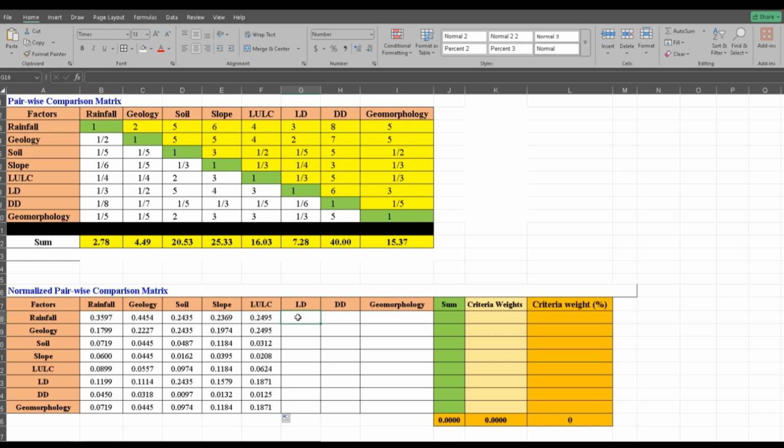Under alignment density, the value of the cell under the pairwise comparison matrix is divided by the sum of the column, which is 7.28.